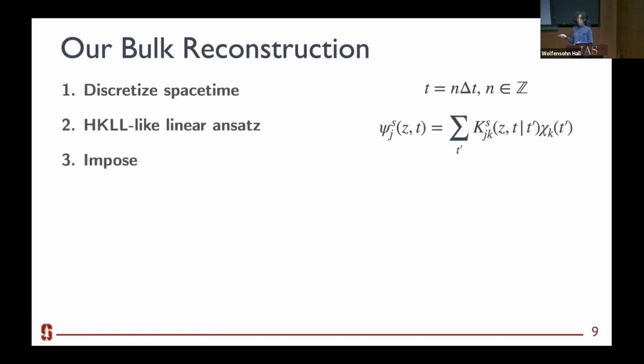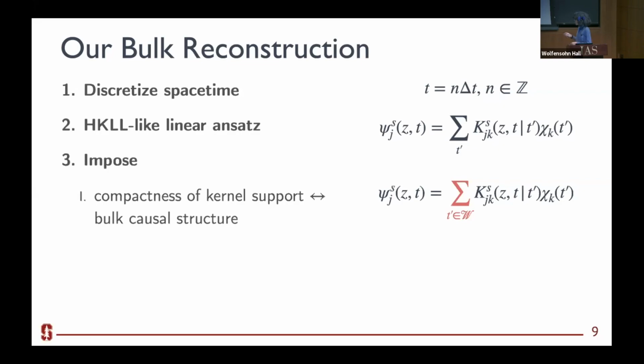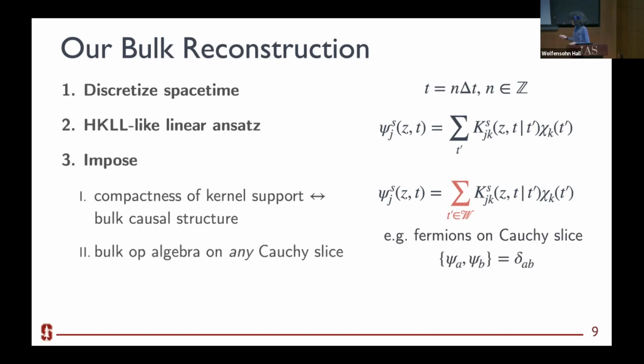And so in order to find these kernels, we're going to impose two constraints. The first is that we're going to demand a compact kernel support within the causal wedge of the bulk point of interest. And that can be seen here by just restricting the times that we're looking at. And it turns out this is equivalent to imposing a bulk causal structure in the direction perpendicular to the boundary. Next, we're going to be imposing a bulk operator algebra on any Cauchy slice for which we want to find the kernels of the bulk operators.